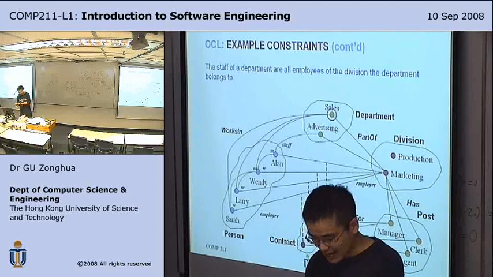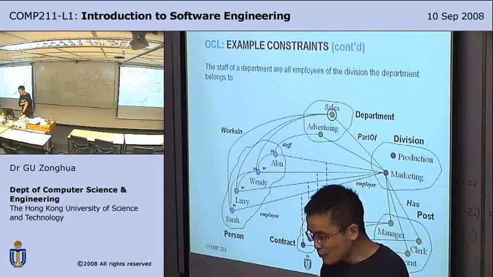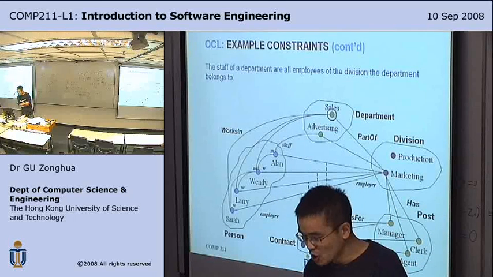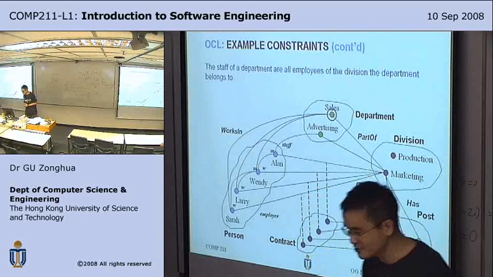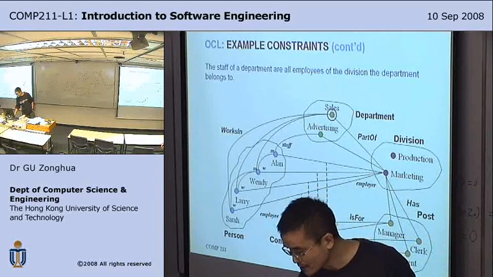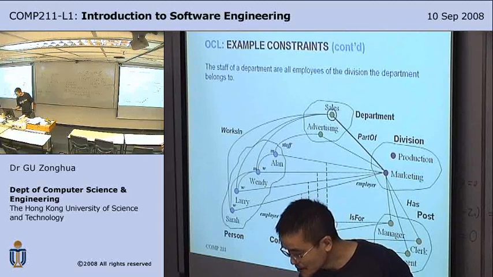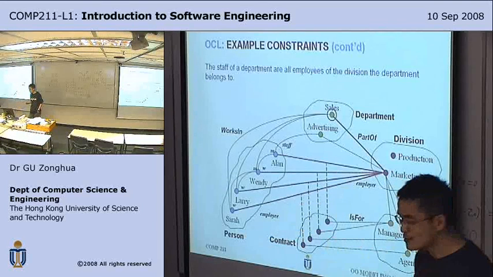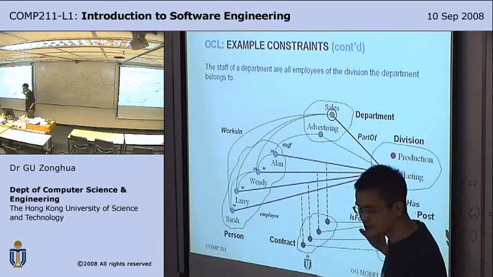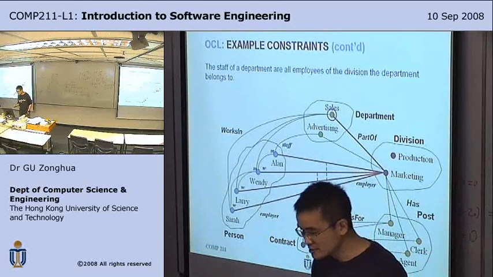So last example. The staff of a department are all employees of the division the department belongs to. So it's a mouthful. So now you start from a department, say sales, you navigate to the division that the department belongs to, that is the marketing division, and then navigate to all the employees of the division.